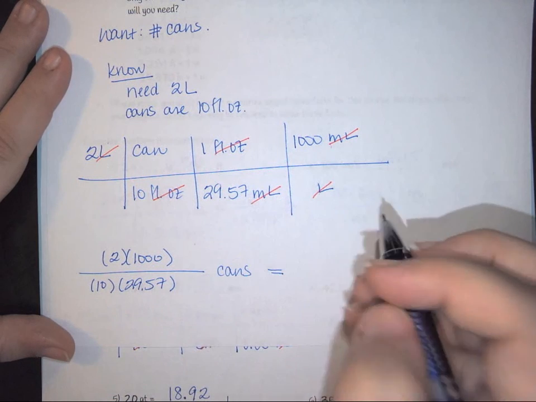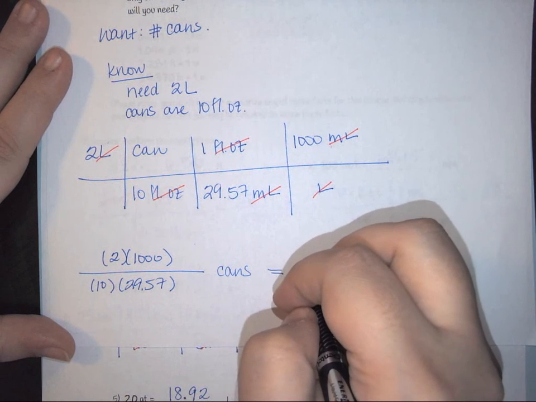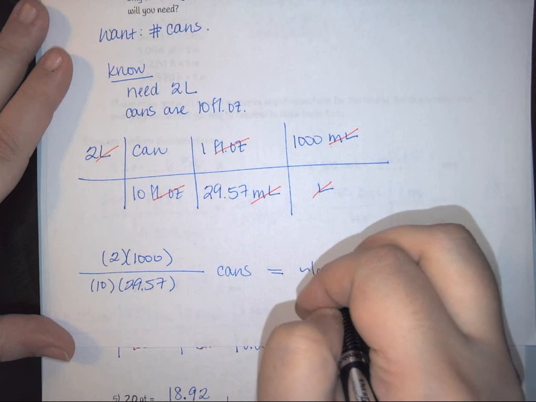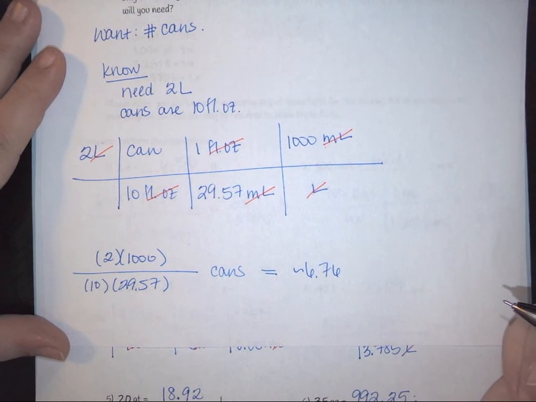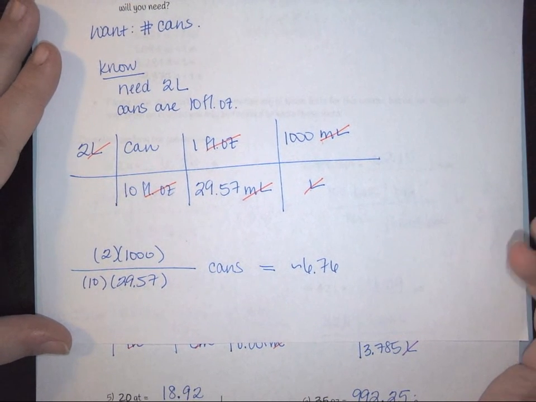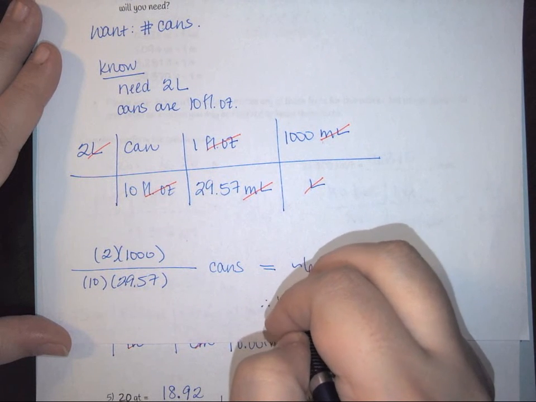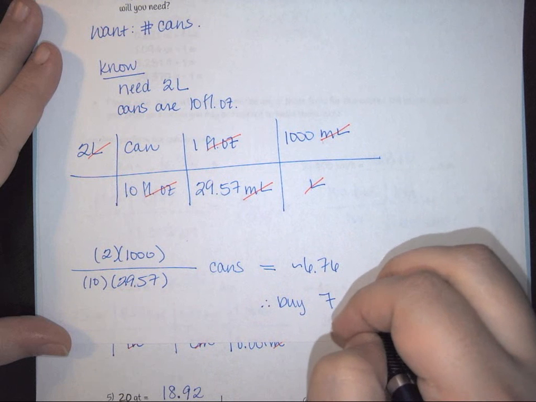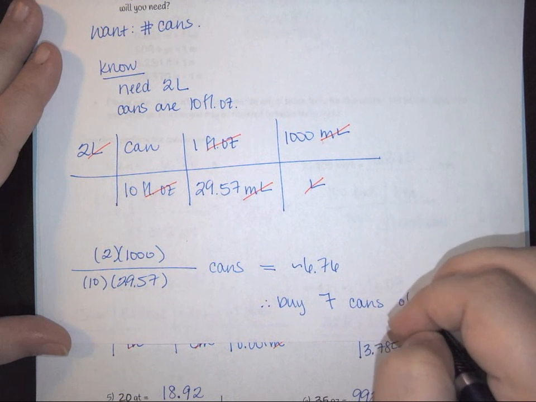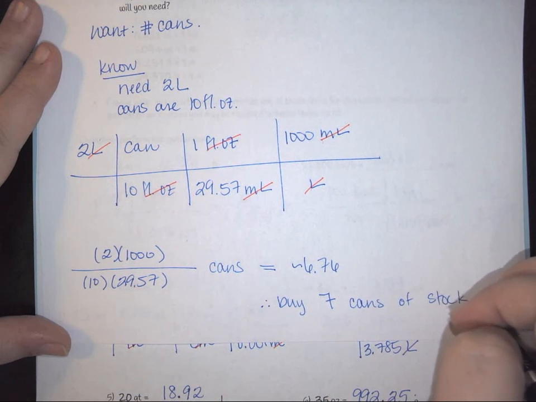So when we do that math, we are going to end up with roughly 6.76. However, you cannot have part of a can, therefore you need to buy 7 cans of stock.